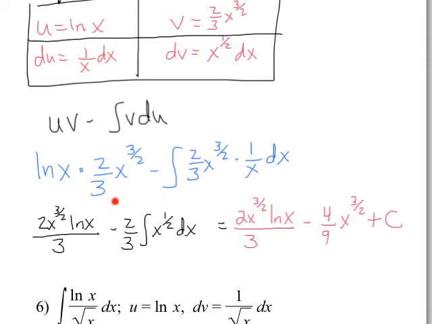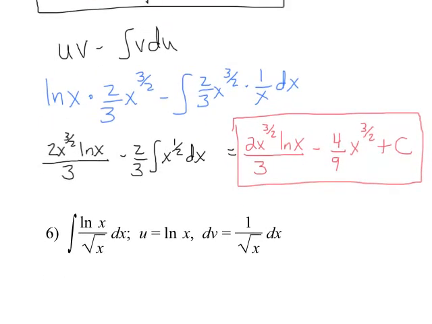Alright, so in the first step I simplified my pieces, factored out the 2/3, and then in my second step I evaluated the integral, so found the antiderivative of that. This is my final answer, and because it's an indefinite integral I included the plus c at the end. Okay.